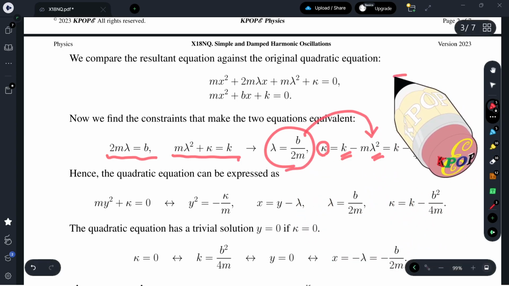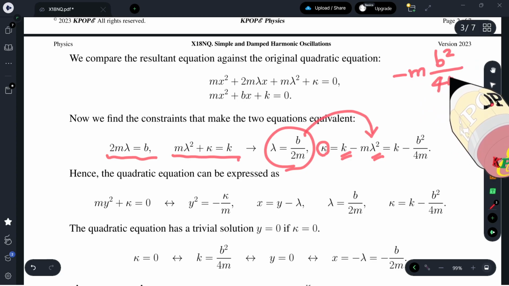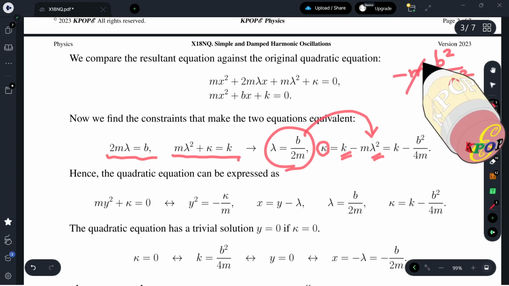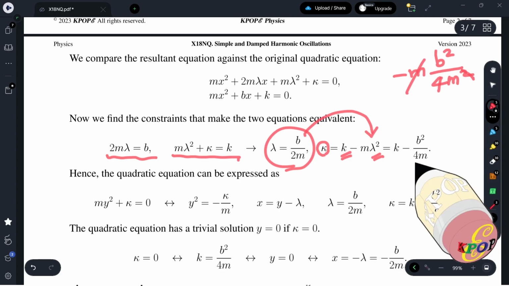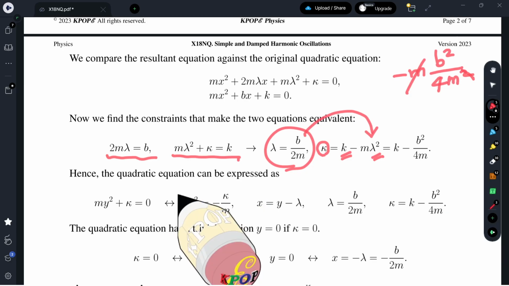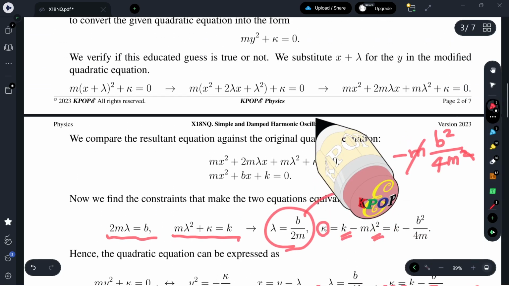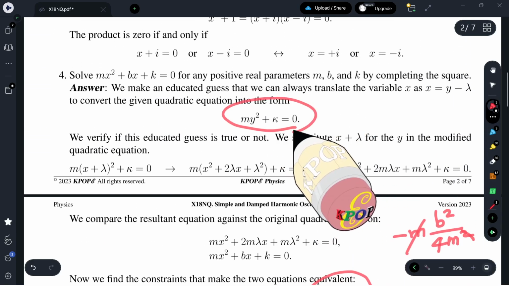Then we have k minus m b squared over 4m squared. So cancel. We have b squared over 4m. As a result, we can express the simplified form.